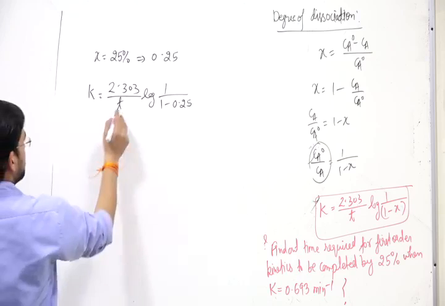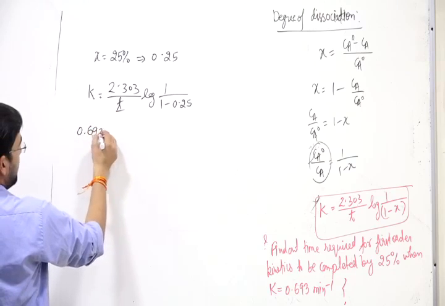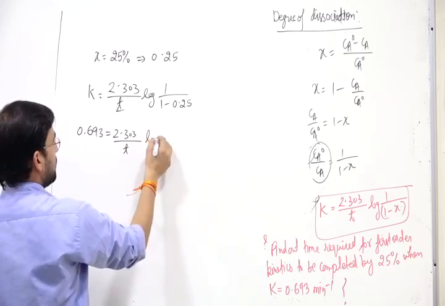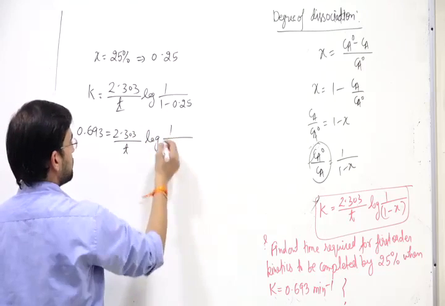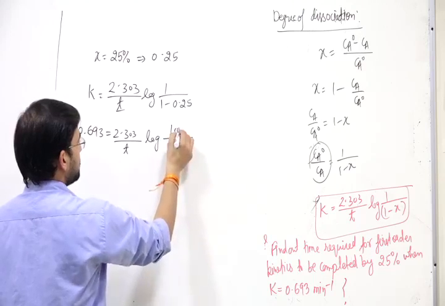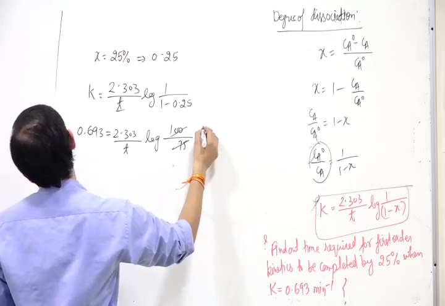This time you want to find, and K is given: 0.693 equals 2.303 by t log of 1 by 0.75. 0.75 could be written as 75 by 100, so 1 by 0.75 is 100 by 75, which could be written as 4 by 3.